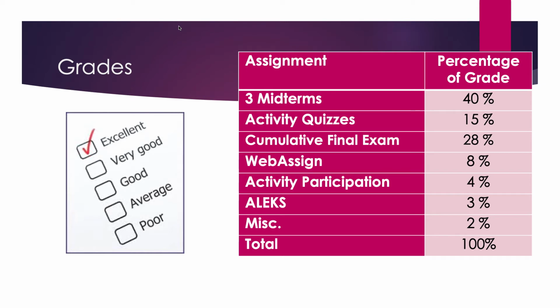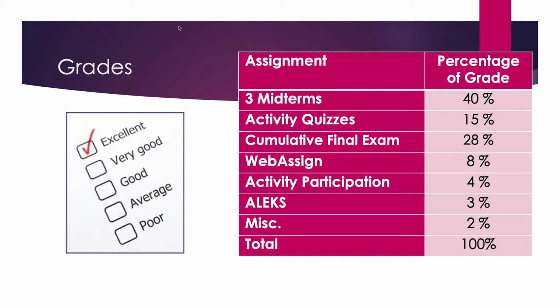So let's talk about more of the details of this class. You will be taking 3 midterm exams in your large lecture for a combined 40% of your grade. You will be taking quizzes in your activity sections for 15% of your grade. And at the end of the semester, you will have a cumulative final worth 28% of your grade, also taken in large lecture.